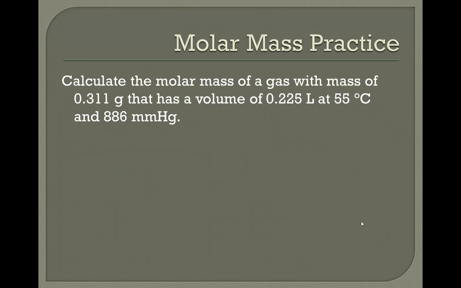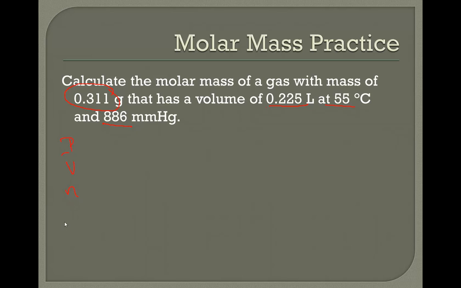Calculate the molar mass of a gas with a mass of 0.311 grams, has a volume of 0.225 liters, and a temperature and pressure of 55 degrees Celsius and 886 millimeters of mercury. So we're going to go back to the regular PV equals nRT.